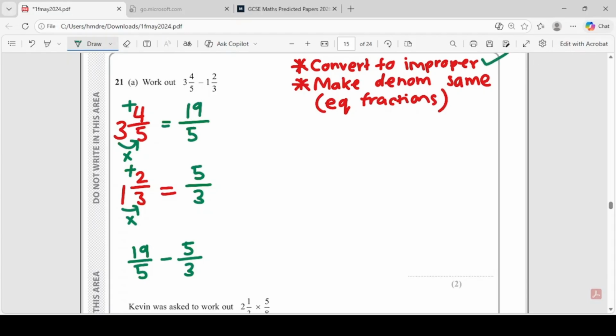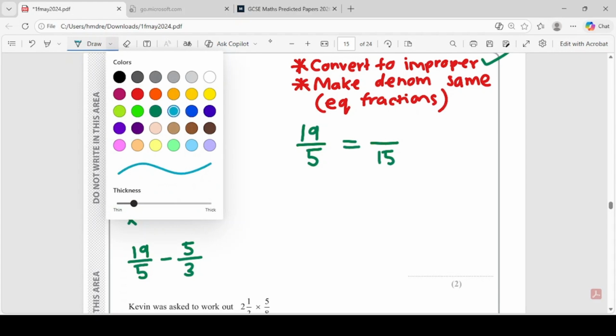So we've done this first part. We've converted them to improper fractions. Now we need to make both of them have the same base. So I would convert both of these to something over 15. So let's try convert them. So 19 over 5. If we want an equivalent fraction, we want something over 15. All we do is whatever we did to the base, we do to the top.